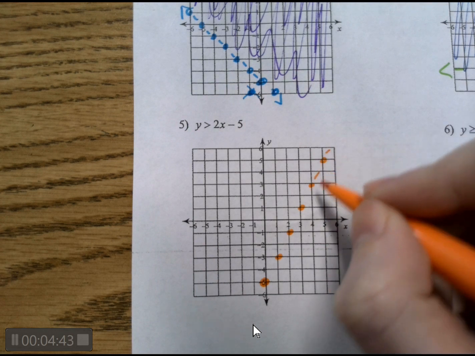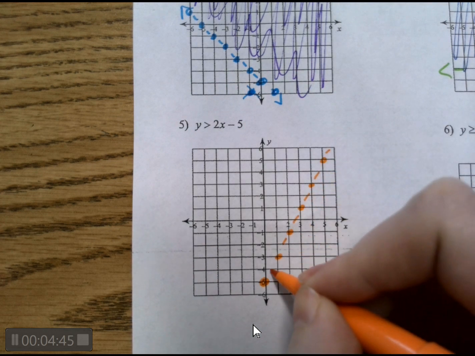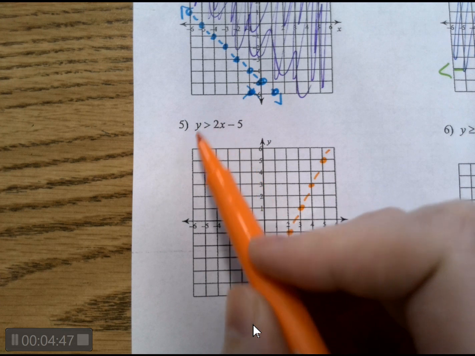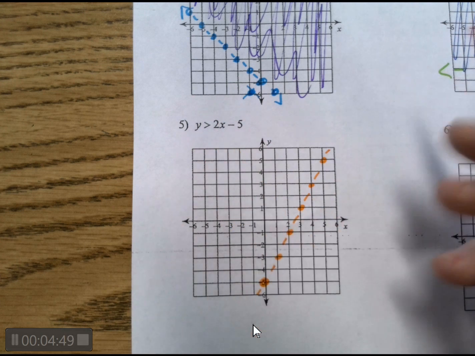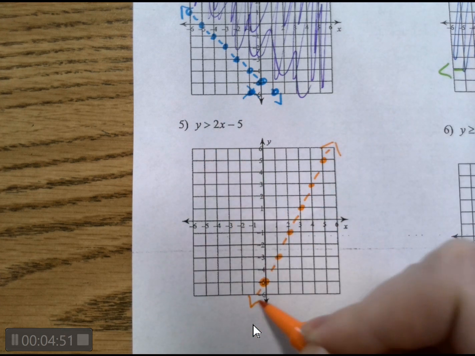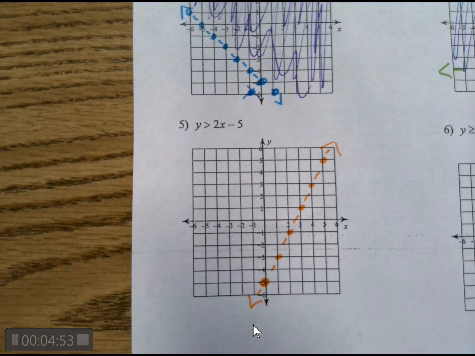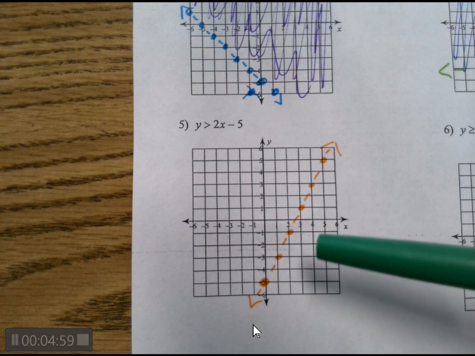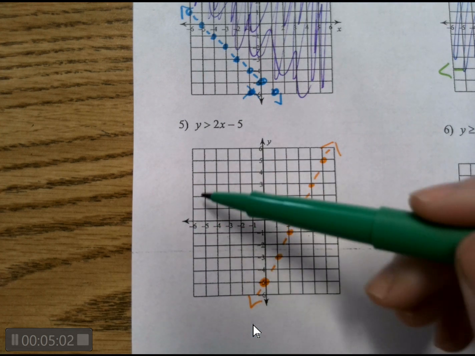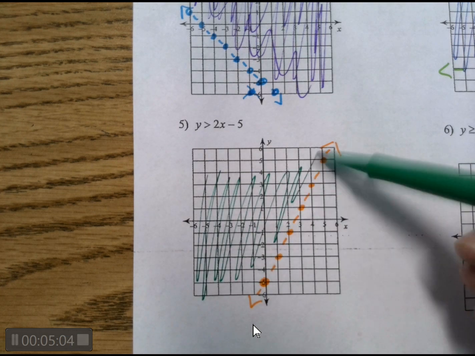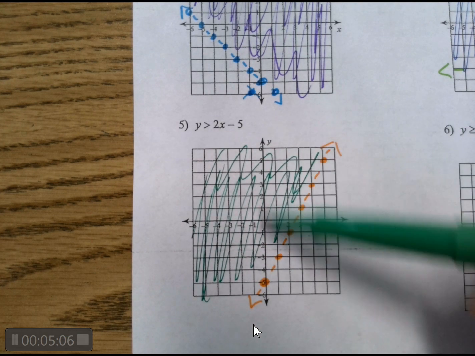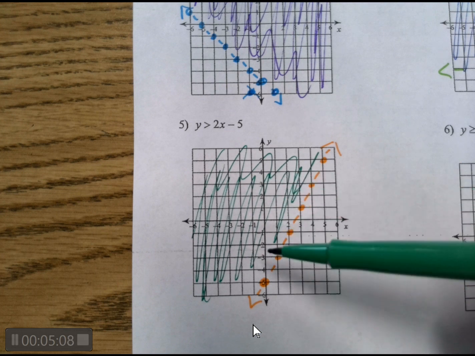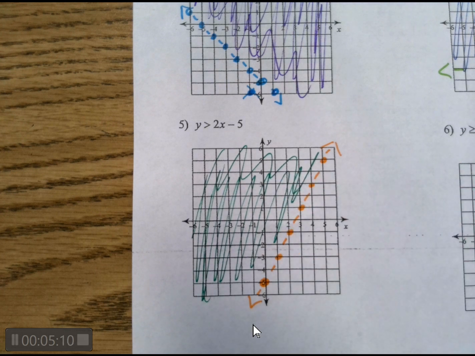It's dashed, because there is no solid line underneath our inequality sign. And since y is greater than the dashed line, is it going to be above the line or below the line? It's going to be above our line because it's including all of the y values that are greater than negative 5.